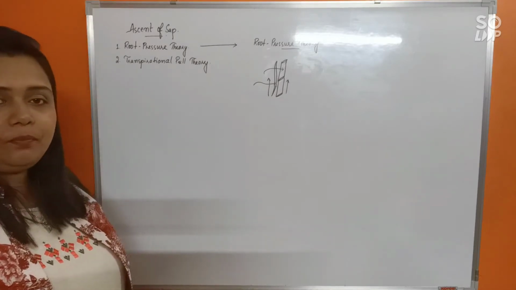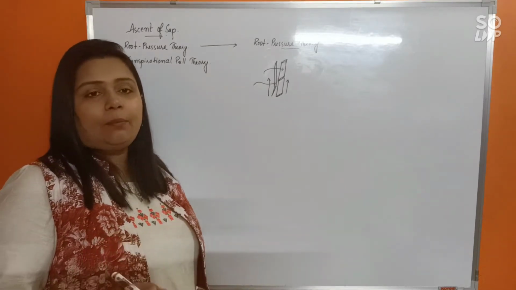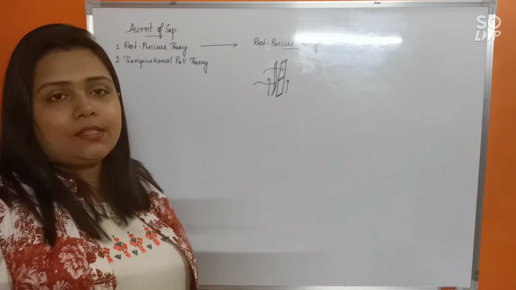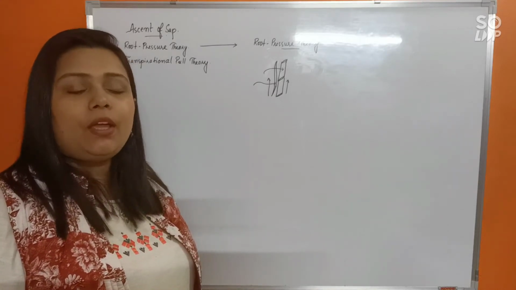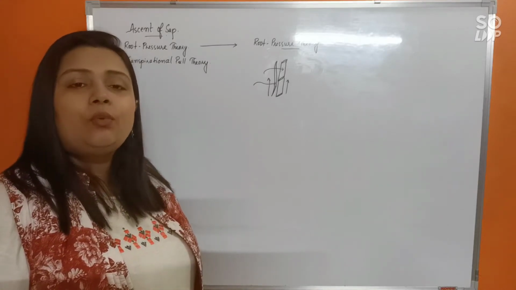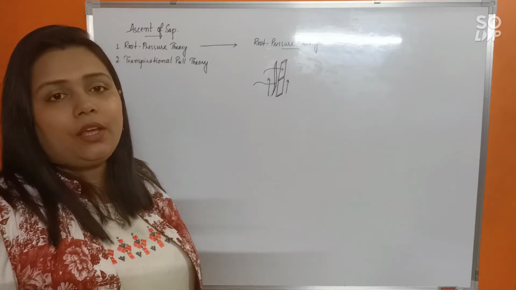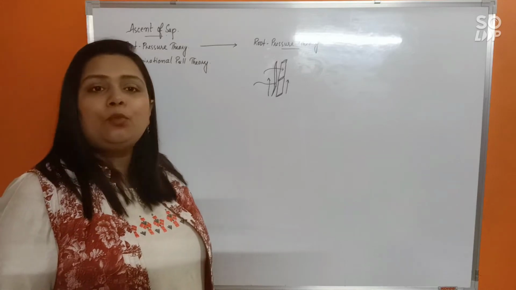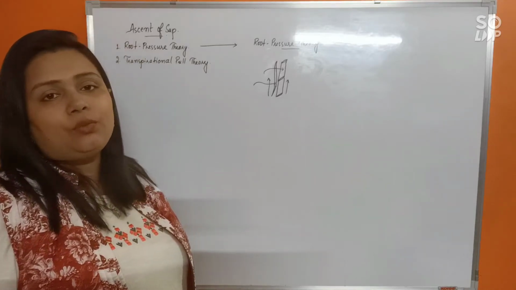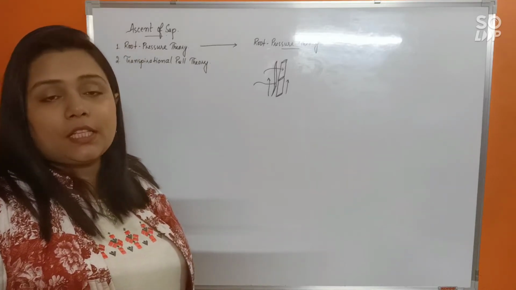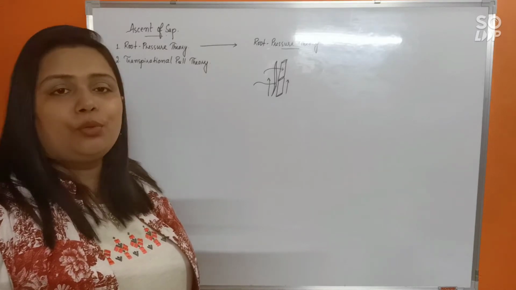Understood this? Fine. So water gets uploaded to the narrow tracheids and vessels. As they are very narrow, that's why a positive hydrostatic pressure will automatically build up in the tracheids and vessels as water is uploaded there, due to which water would start moving upwards, and this is what would be termed as root pressure. This positive pressure built up is called root pressure.